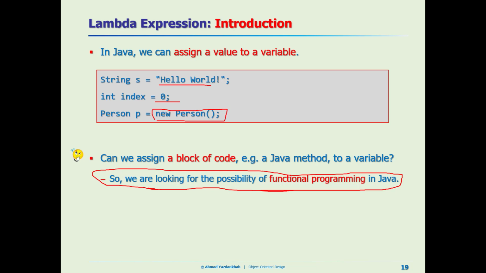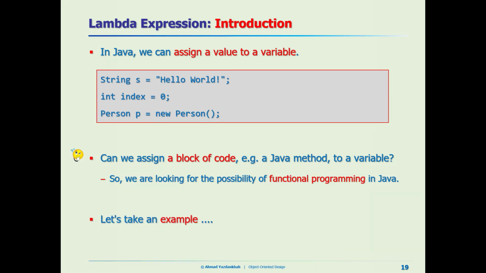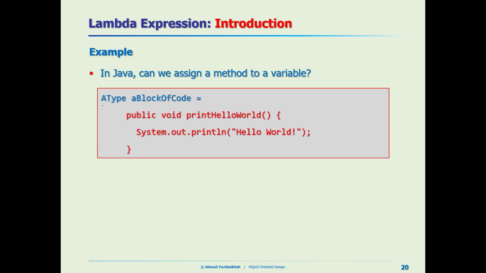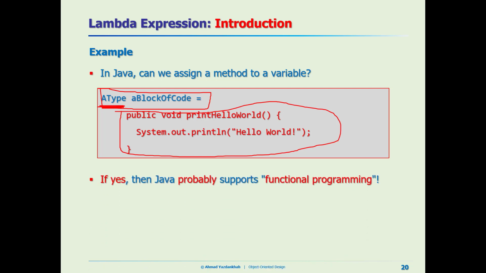Let me take an example here. Look at this. We assign this piece of code to this variable, and we have a type here that we still don't know what it is. Let's call it a type. Can we do that? If we say yes, then probably we will have functional programming in Java.